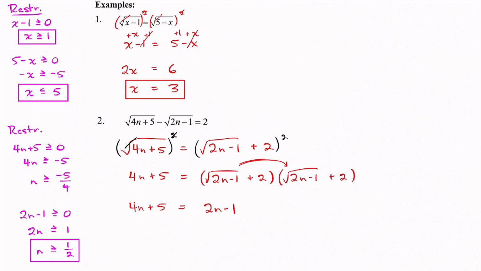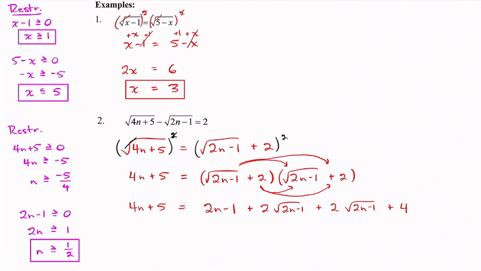Then we're going to have this multiplication, root 2n times a 2, so that's a plus 2 square root 2n minus 1. Then we have this one right here, so that's another one of those, a 2 times a square root 2n minus 1. And then lastly, I got a 2 times a 2, and that's just 4.